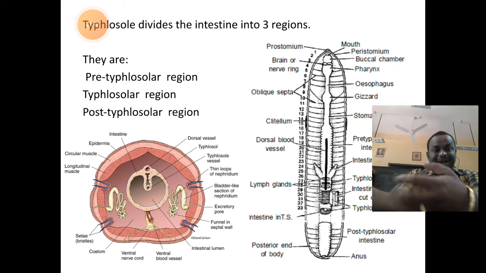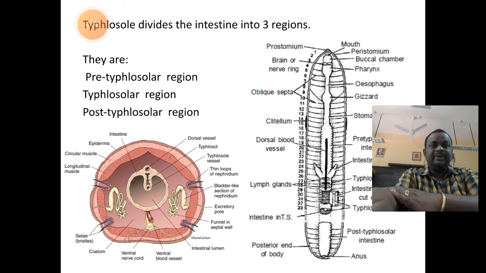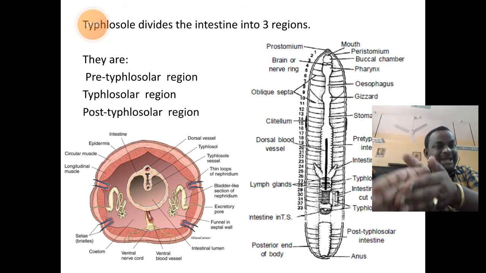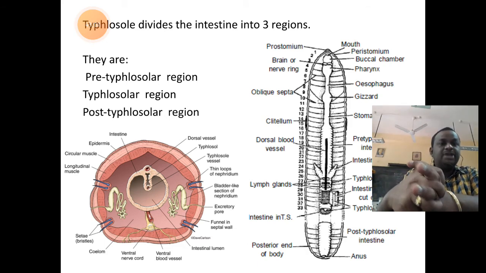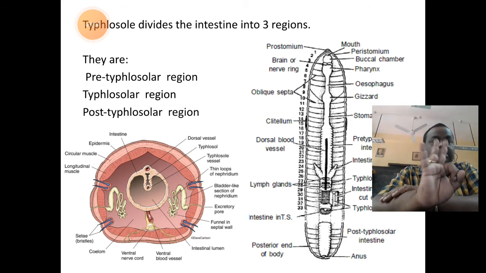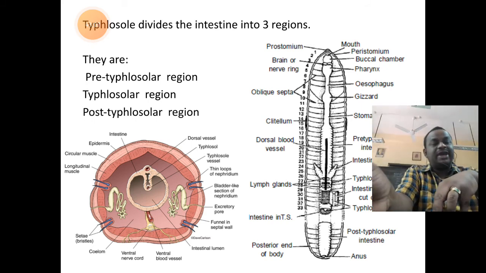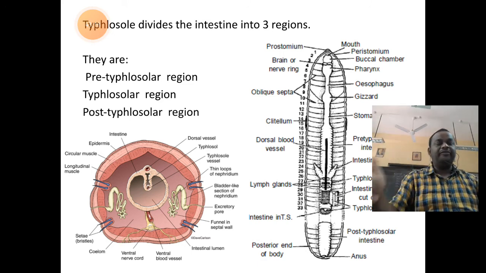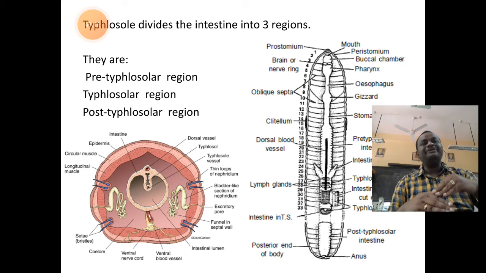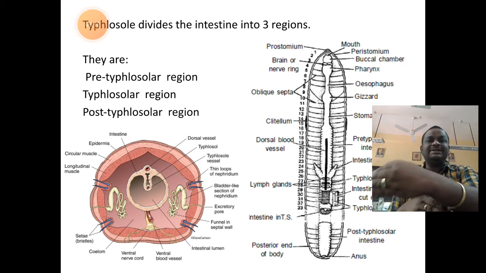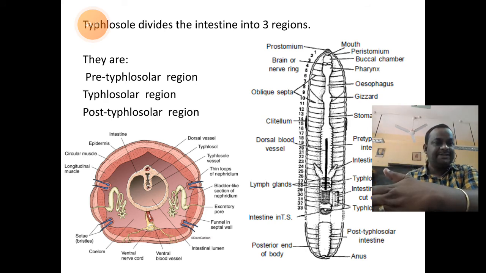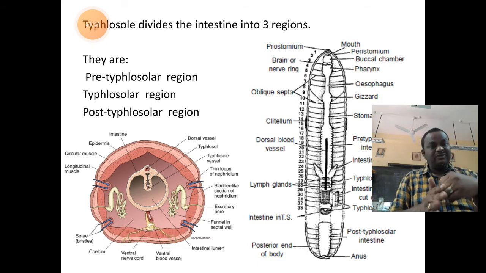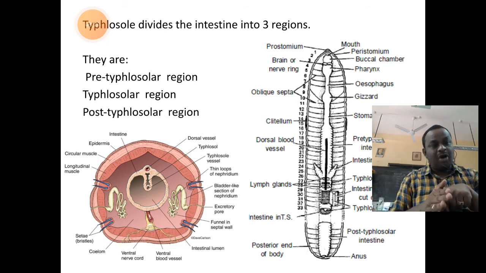Students, this typhlosole structure divides the complete intestine into three parts. The part where the typhlosole is located, from 27 to excluding the last 25, the central part, is called the typhlosolar region. The intestine starts from the 15th segment onwards, but the typhlosole starts from the 27th segment onwards.